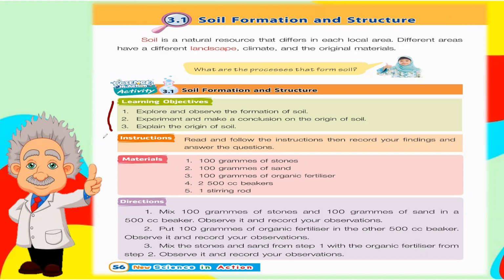So for this, first of all, we have to follow some instructions. All right, students, for the instructions here, we require different kinds of material. Number one, the materials we require: first, we require 100 grams of stones.